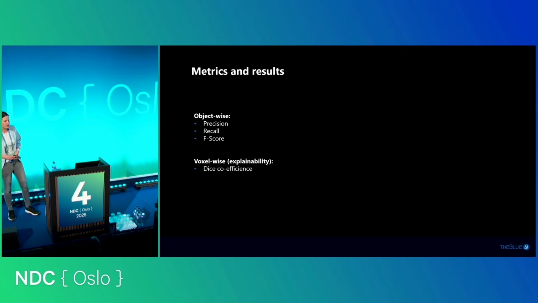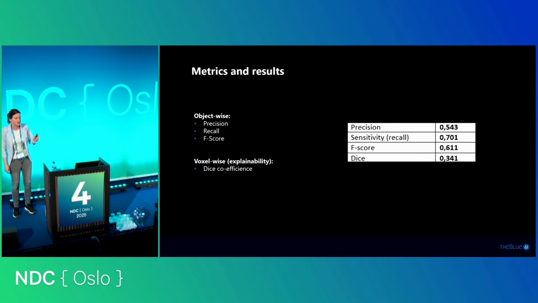We can think of voxel-wise like pixels in 2D, then a voxel is the same concept but in 3D. And we have applied here the dice coefficient. Why is it so important? Because we're looking not only at whether the model thinks that there is FCD in there, but also where exactly. So it has a really strong power when it comes to the explainability of the model.